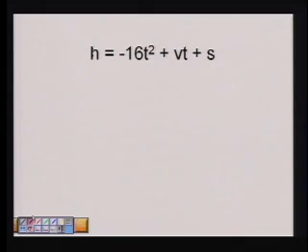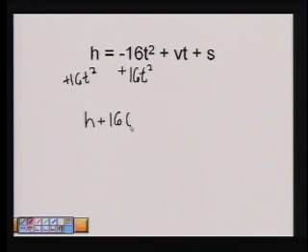So we're going to start with the equation h equals negative 16t squared plus vt plus s, and we're going to solve it for s, what we need to know. We can see that there's a negative 16t squared, and so the inverse operation would be adding 16t squared. That leaves us h plus 16t squared equals vt plus s.